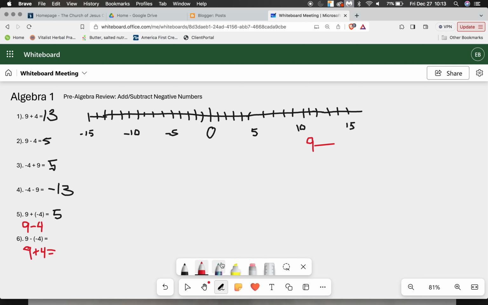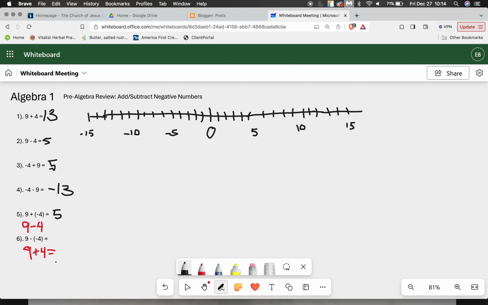Here we go. 9's over here, and then we go 1, 2, 3, 4. We took away that negative, and that landed us at positive 13. Okay, so that's one way to look at it. We can think of it as we are at a number, but we could be at a more optimal number if we took away our negative, and that would make us a positive, or addition problem.